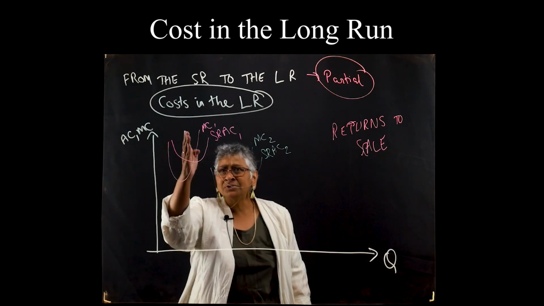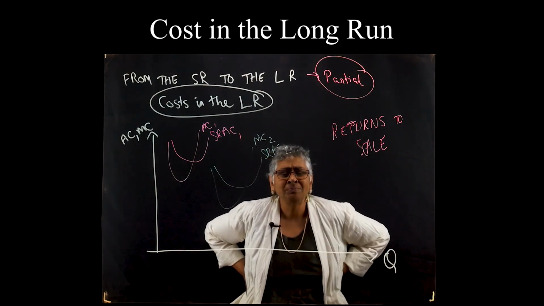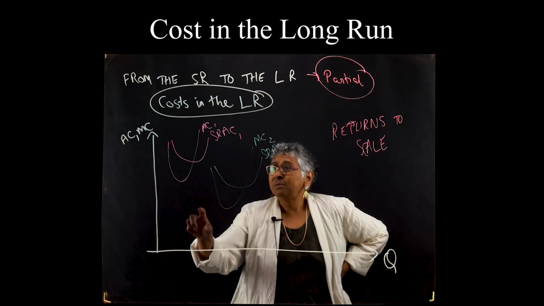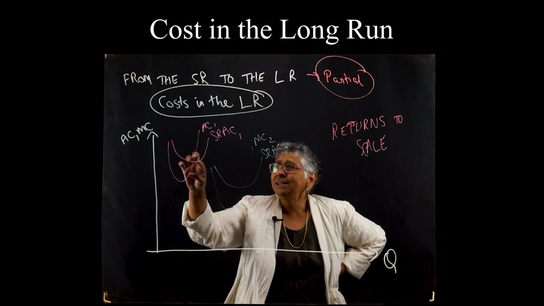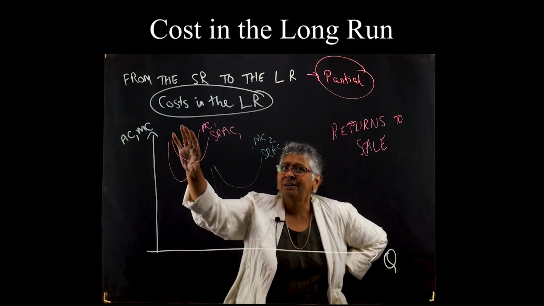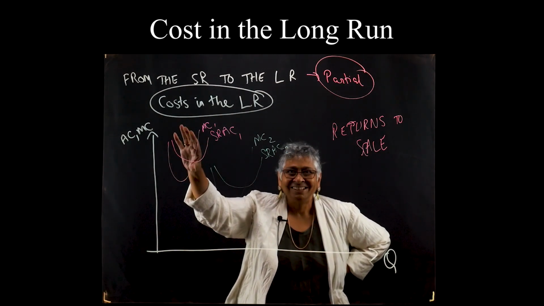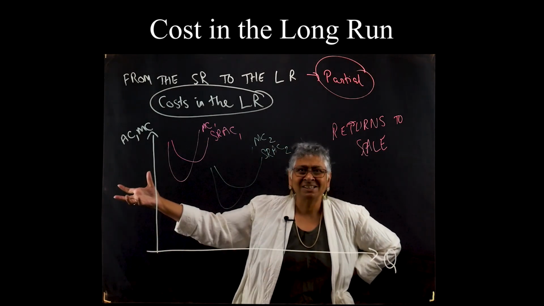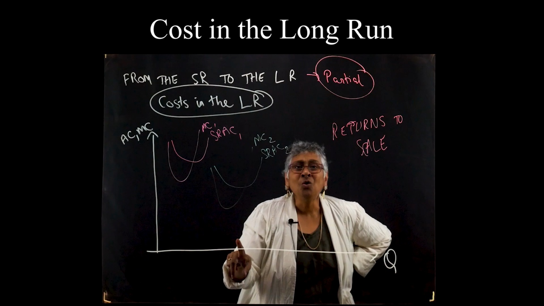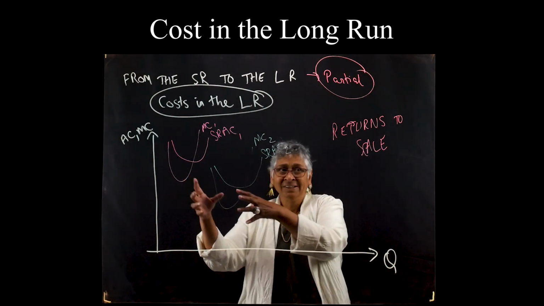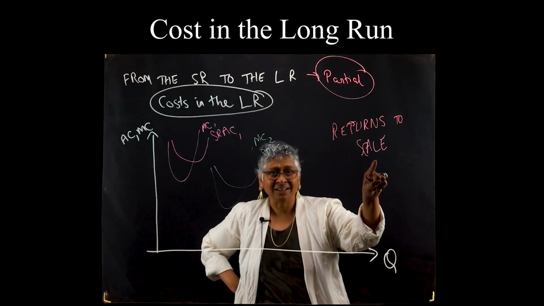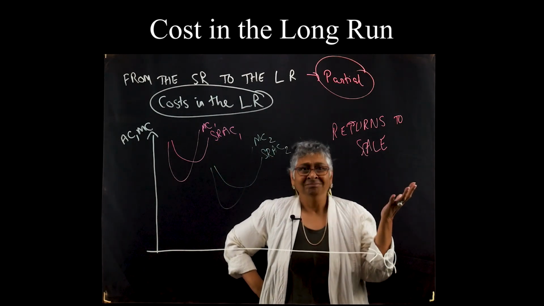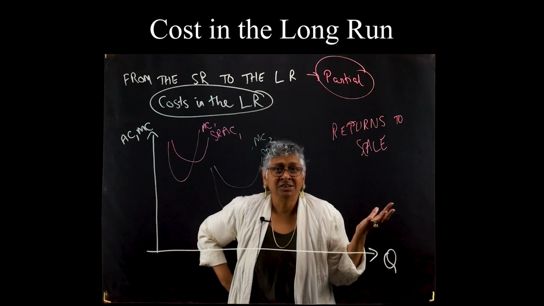So if I'm only producing a small amount, as I'm doing with boats, because tons of people are not going around buying personal yachts, I'm going to use a high cost technology, see that cost curve up there? Maybe more labor intensive, maybe more skilled labor. When I produce more, as I do with cars, I get returns to scale. It's not that boat producers don't know about metallurgy or things like that.